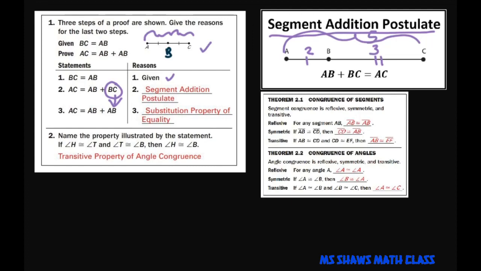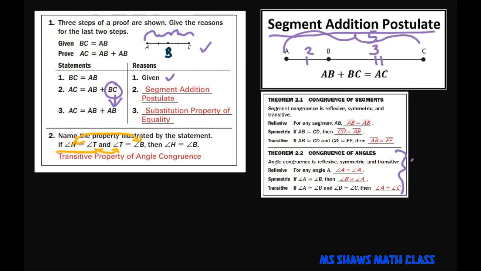All right, and number 2, it says name the property illustrated by this statement. This is angles again. So basically, since we have if angle H is congruent to angle T, and angle T is congruent to angle B, then we can go from there to there.